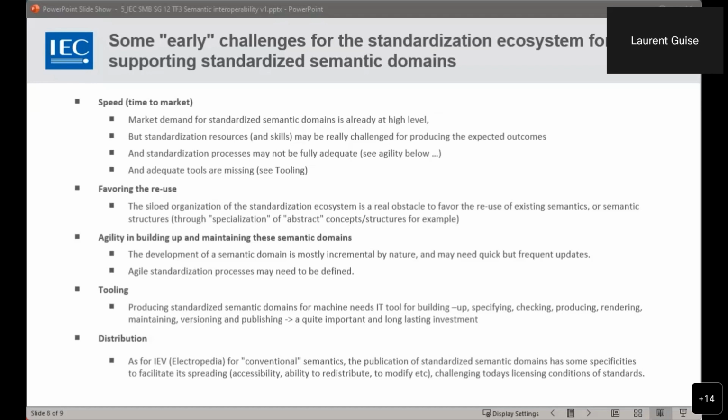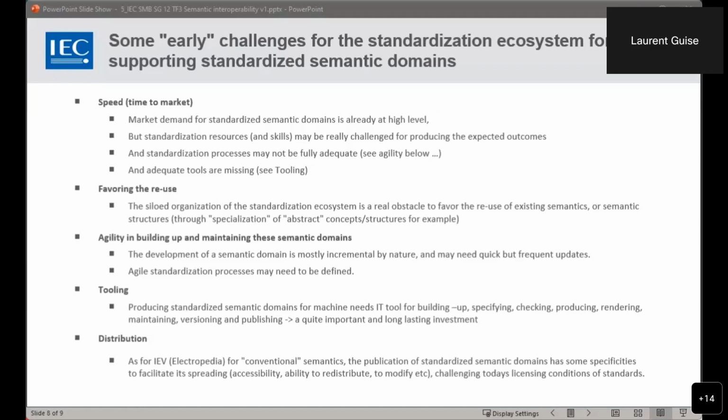And last but not least is distribution. How do we ensure easy access to such semantic standards, how do we facilitate the redistribution, how do we enable the modification or the profiling? It was mentioned, I think by Sue Robert, the extension by restriction.